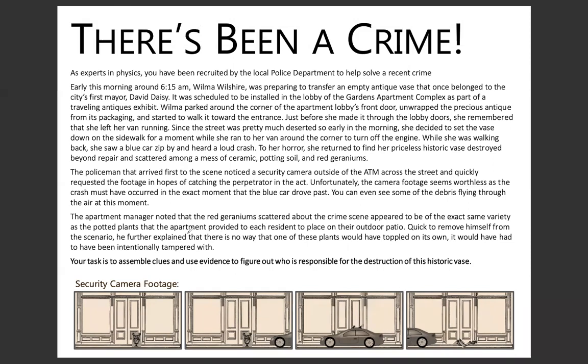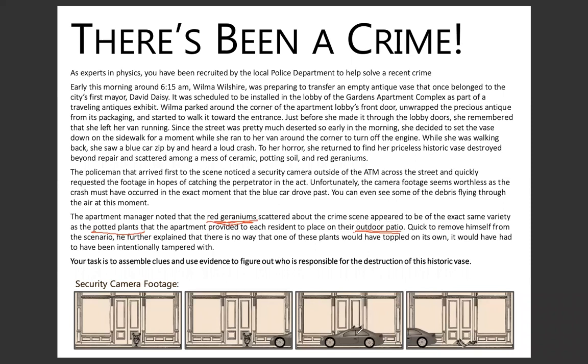We learned that there are red geraniums scattered about the crime scene, and they come from potted plants that are on the outdoor patio. So what that means is one of these potted plants fell from one of the upper levels and it hit the vase. But when that happened, a car was in front of it and it obscured the collision.